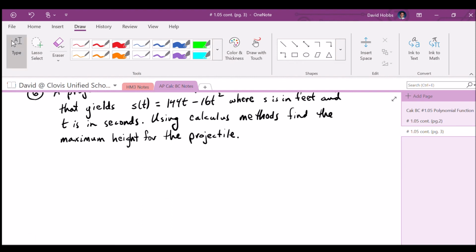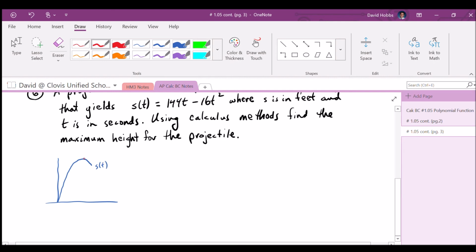Okay, well, our position function we can see is a quadratic. And they're saying it's launching upward. Now, unless it's so strong of a projectile that it actually breaks Earth's gravitational pull, it's going to reach a maximum height and then it's going to start coming back down. Okay, so this is s of t.